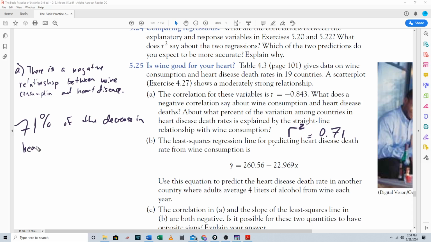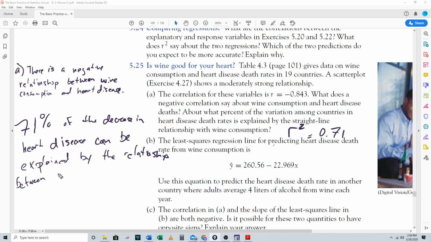in heart disease can be explained by the relationship between wine consumption and heart disease.